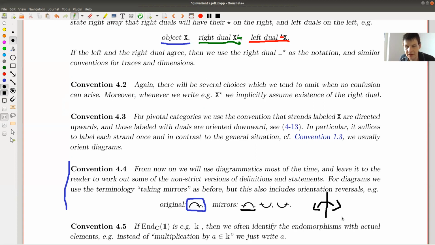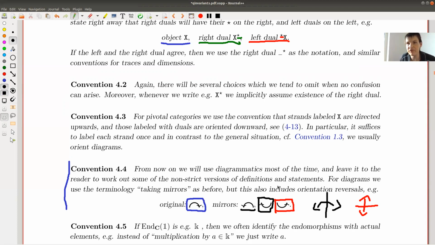which reverses the orientation of the cup. But you can of course also mirror around this axis, which would be this diagram. So it flips the cup into a cap and also reverses the orientation, and then you can put both together and you would get this diagram.